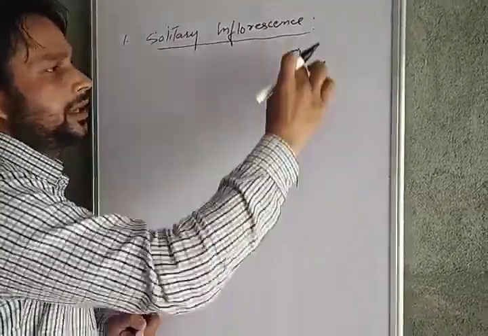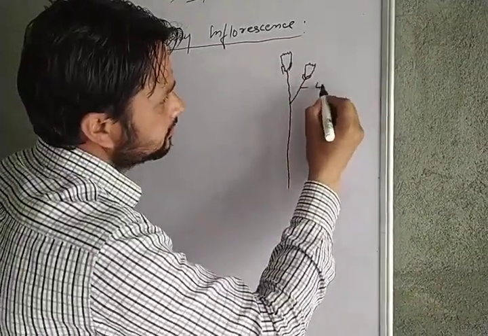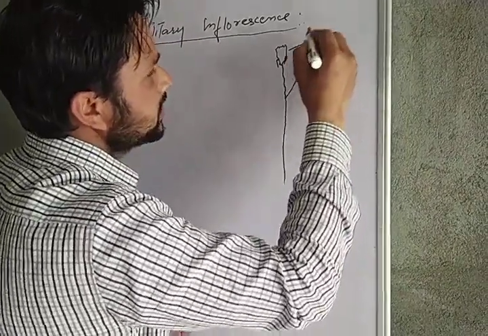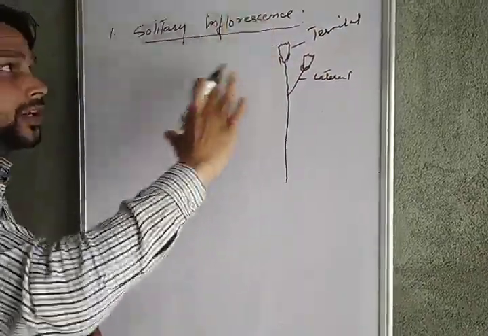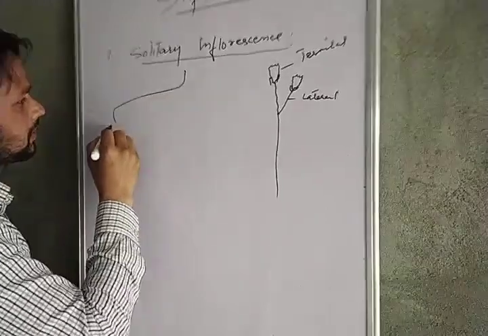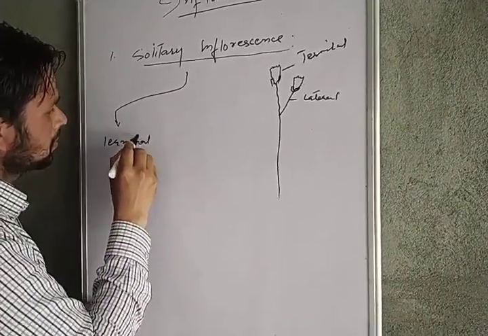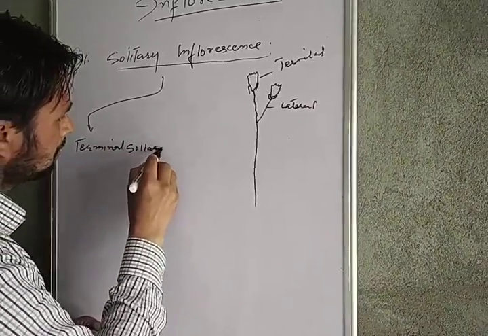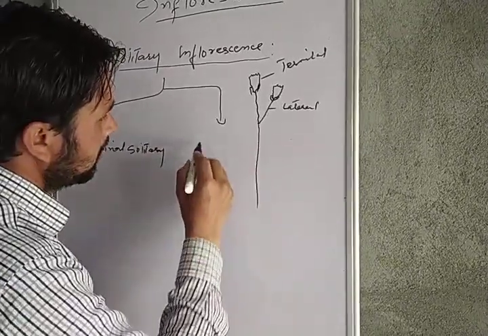Suppose this is the peduncle, this is a solitary type of inflorescence. That means this is lateral and this is terminal. So this solitary inflorescence is of two types: terminal solitary and lateral solitary.